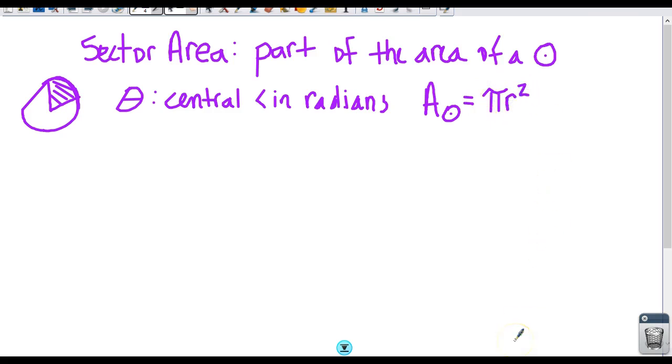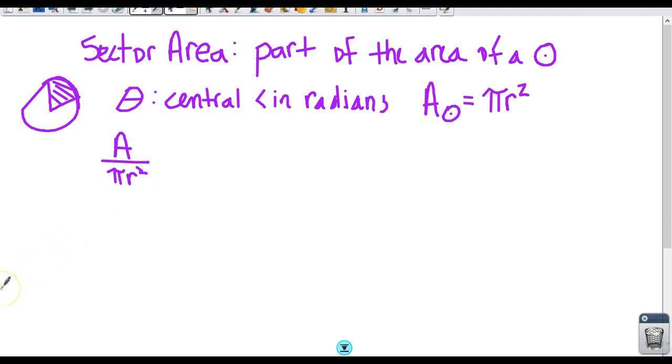Pi r squared. Okay. We're just going to use a capital A for this sector area, but I don't want to just use an A here. That's why I have that subscript so we know what's going on. So we start with a little proportion again. The area of the sector that I'm looking for is a part of the entire area of the circle, which is pi r squared.